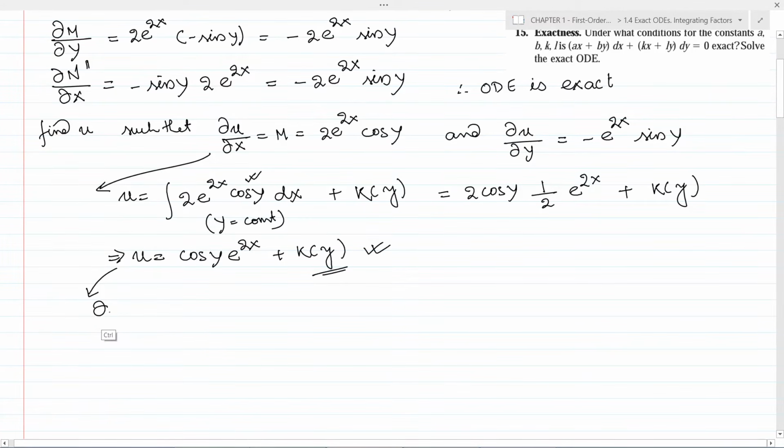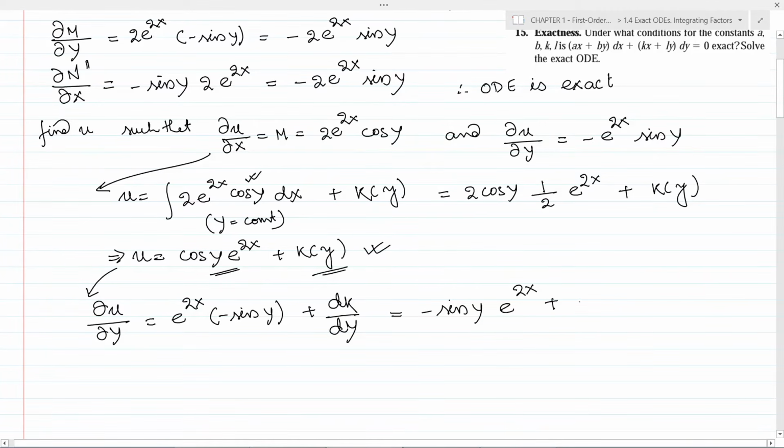Now, from here we can write del u by del y equal to the partial derivative of this term with respect to y, for which we take e to the power 2x out of the derivative because it is a constant for partial derivatives with respect to y, and the derivative of cos y with respect to y can be written as minus sin y plus dk by dy, and this right hand side can be written as minus sin y e to the power 2x plus dk by dy.